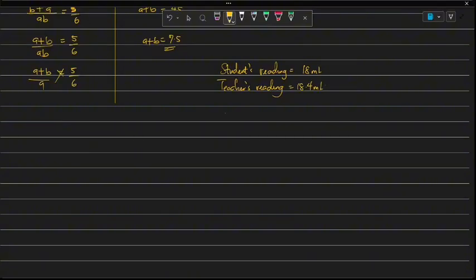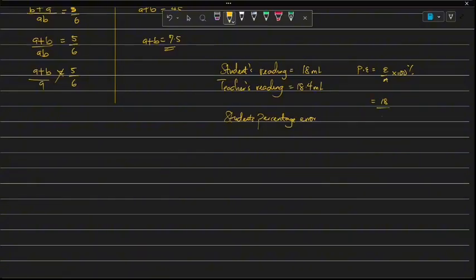We are asked to find the student's percentage error, which means the student made the error. And if you can remember, the formula for percentage error is error over actual times 100%. So what was the error here? The student's reading, which is 18.